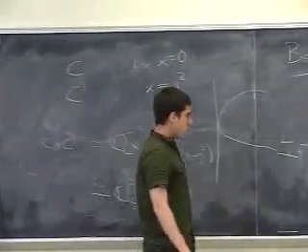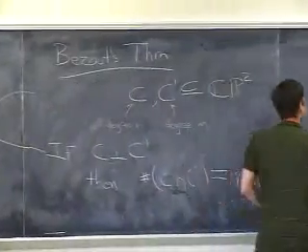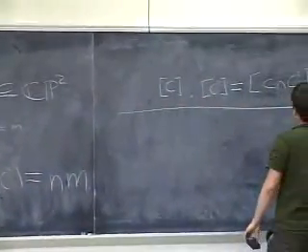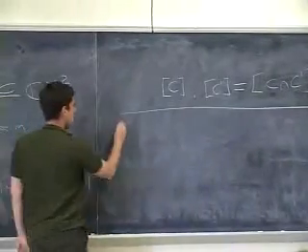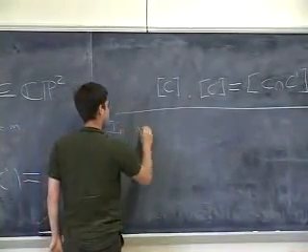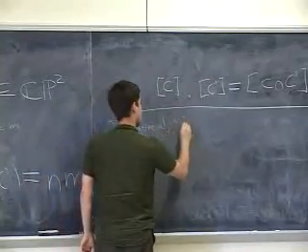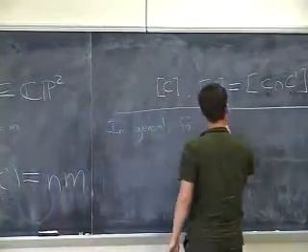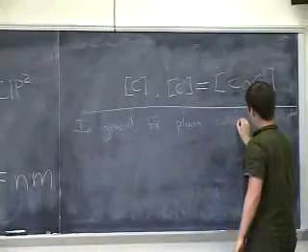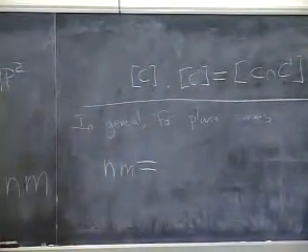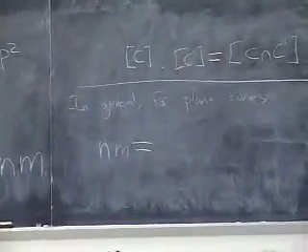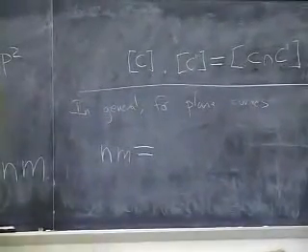So what's true, then? Well, in general, for plane curves, the product n times m is equal to the number of intersection points counted with their multiplicities.